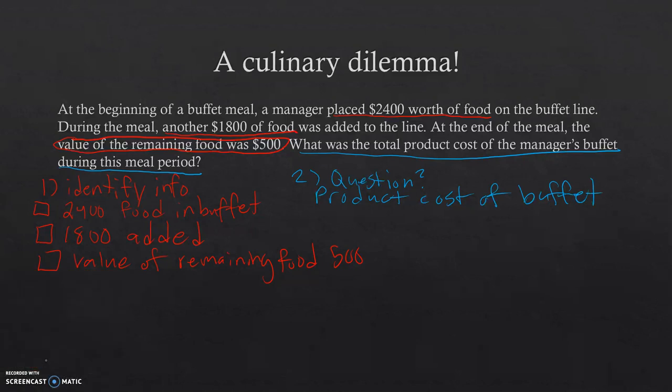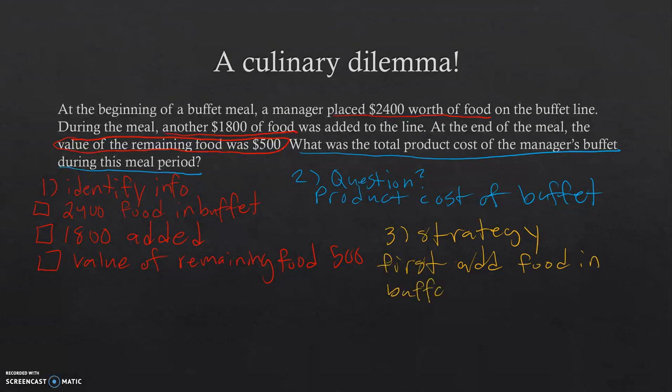So now we're going to go on to the strategy. And the strategy you come up with after you have the given info, you think of how to use all 3 boxes. So first, we're going to add food in buffet, and then plus food added.